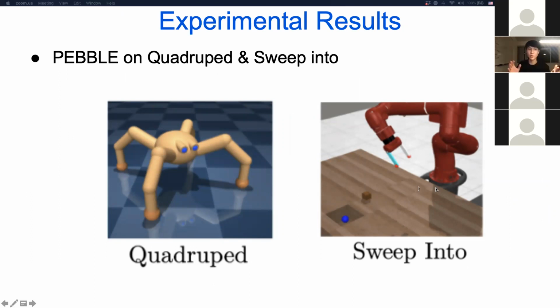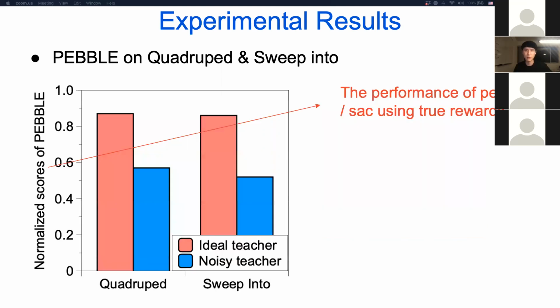I want to provide the main observations from this experimental result. First, as an evaluation metric, we measure the relative performance with respect to SAC with a true task reward. So we measure how much we can achieve by using preferences from the simulated teacher.